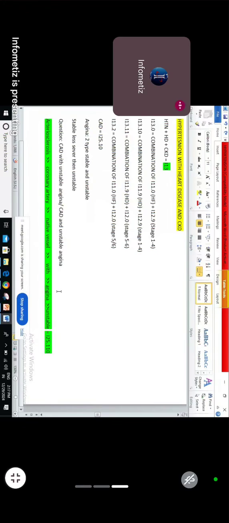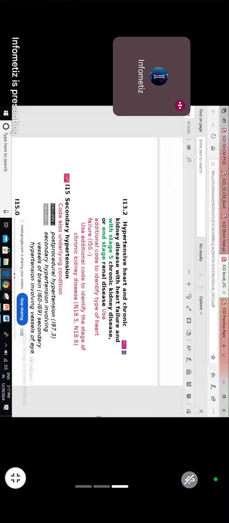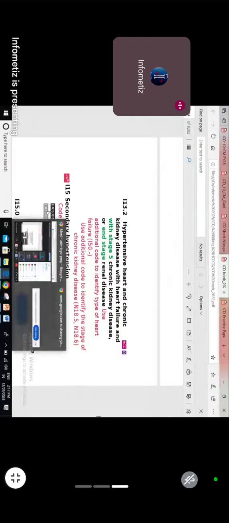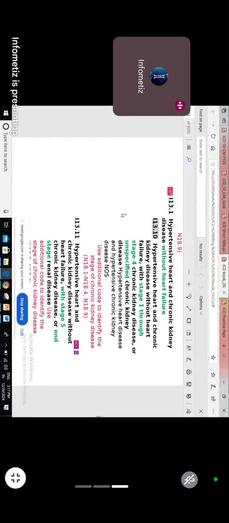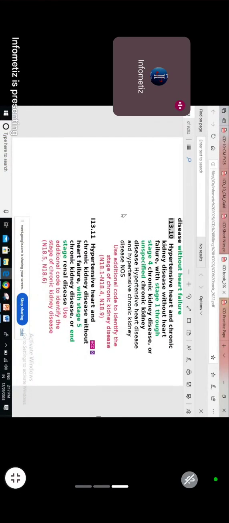Now good. Slowly, don't be in a hurry. If you are getting both options together, I13.10 and I13.11, no problem. You can come to this page and look at this. No need to read the description also. Just see what is the additional code. If in my question I got two options, I13.10 and I13.11, then I will just check the stage of the CKD.